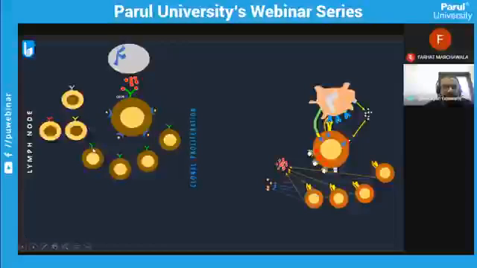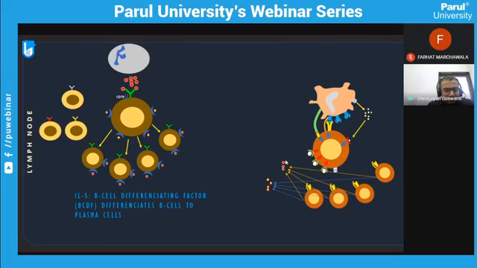The surface molecules are known as receptors. Interleukin 5 will go and bind on this receptor.